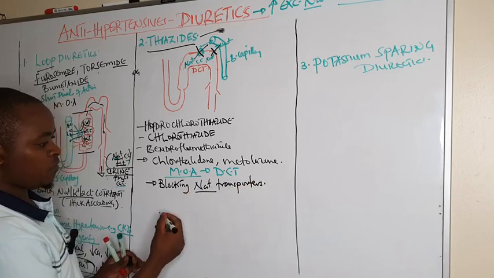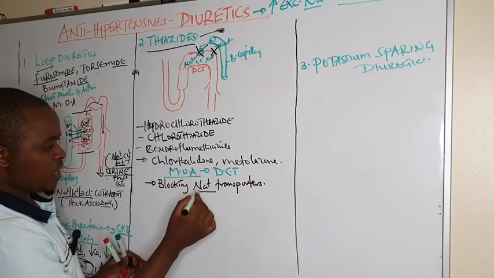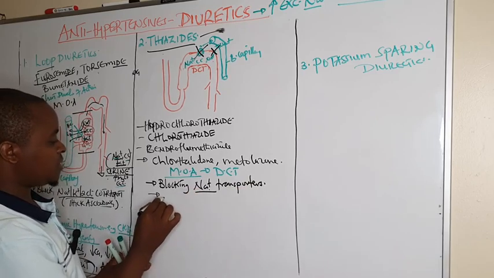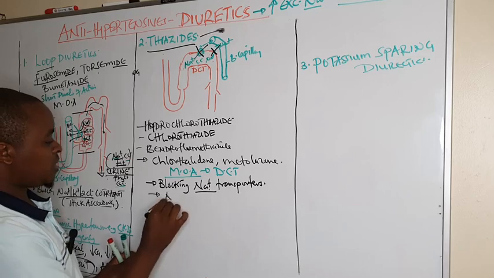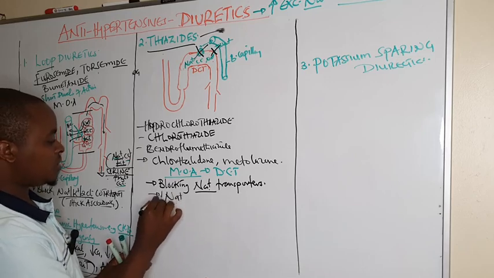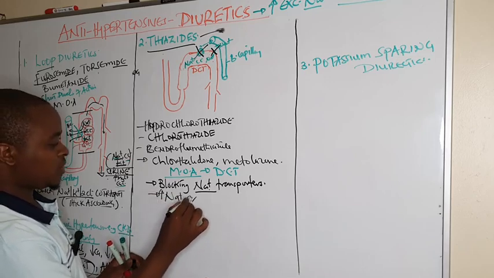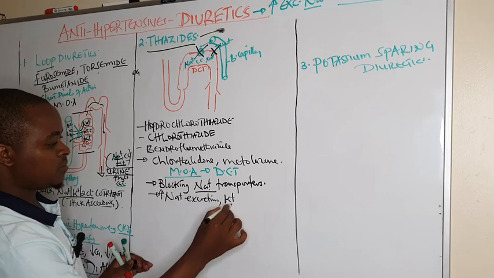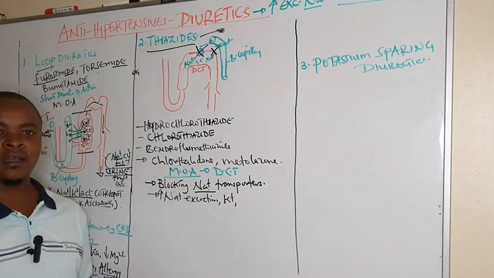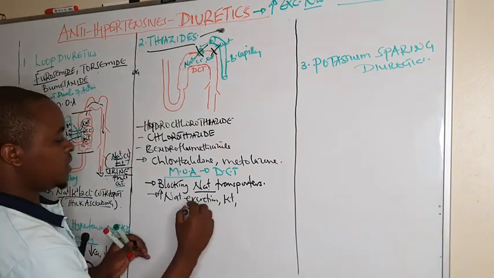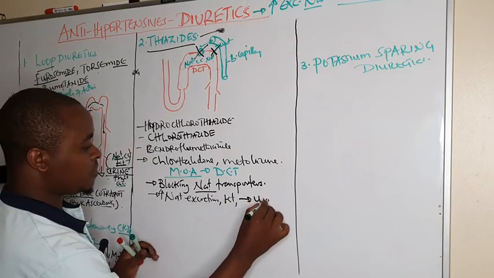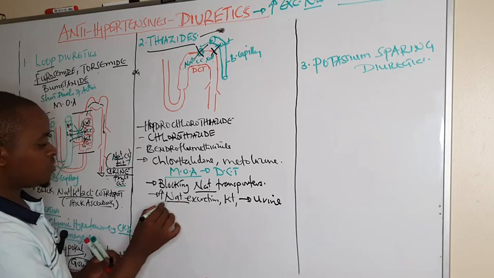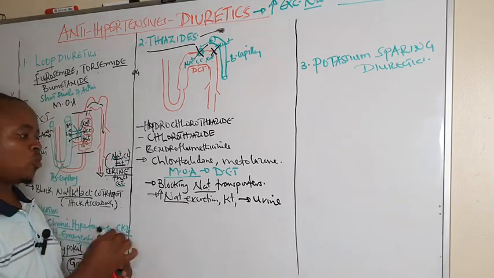But remember, when it is blocked, we are increasing sodium excretion. Hence, they increase sodium excretion, and at the same time potassium and other cations. They increase their excretion in urine. And the more you lose sodium, water follows.